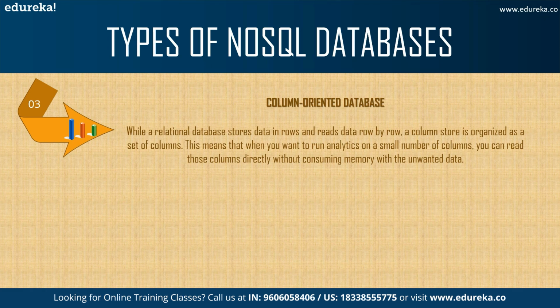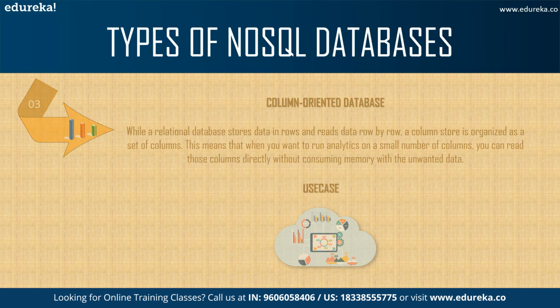Columns are often of the same type and benefit from more efficient compression, making reads even faster. The most used column-based databases are in the field of analytics. Analytics majorly uses column-oriented databases.